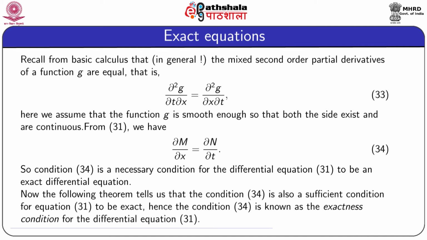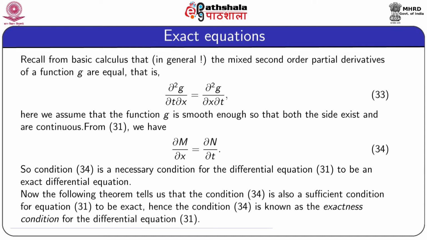From equation 31, we have ∂M/∂x is equal to ∂N/∂t. So, condition 34 is the necessary condition for the differential equation 31 to be an exact differential equation.